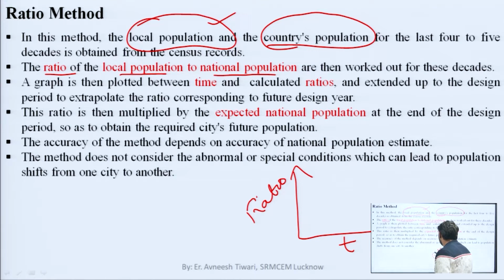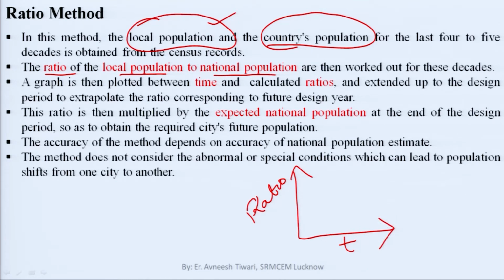After getting a curve between time versus ratio, we are going to extend that particular curve. So the curve is plotted between time and calculated ratio, and that particular curve is extended to a design period. मीन्स हमें जब भी पॉपुलेशन चाहिए होगी हम तब के लिए उस कर्व को एक्सटेंड करेंगे, एंड आफ्टर एक्सटेंडिंग द कर्व, the curve is like that.